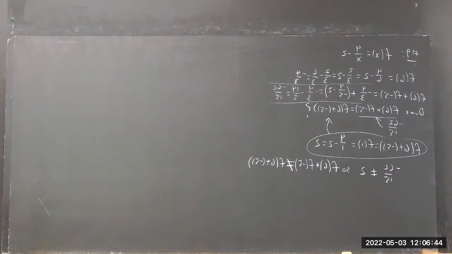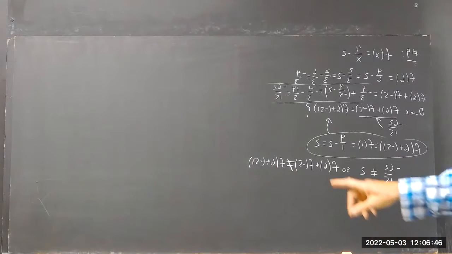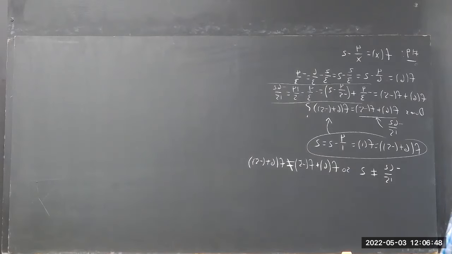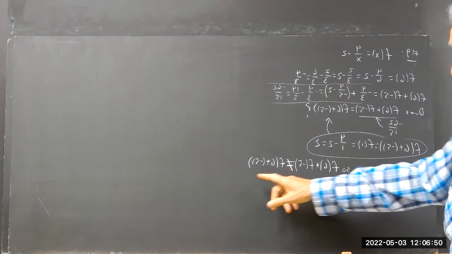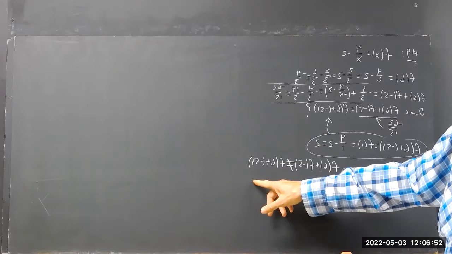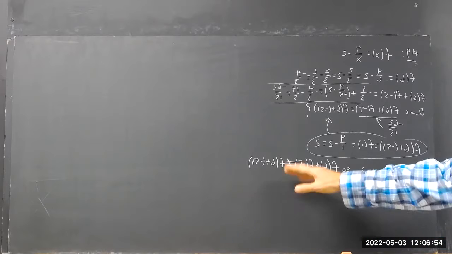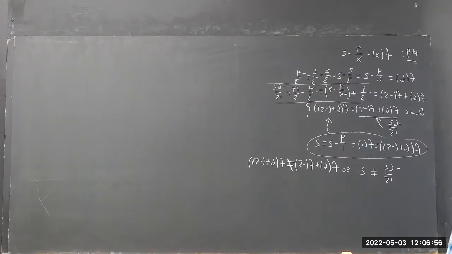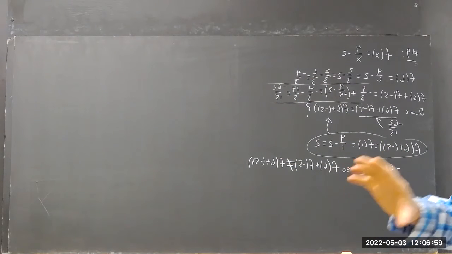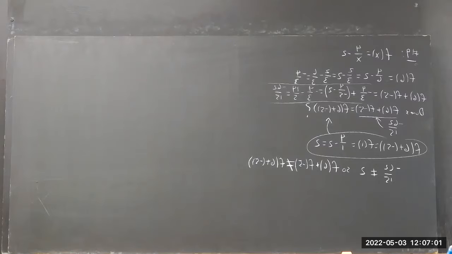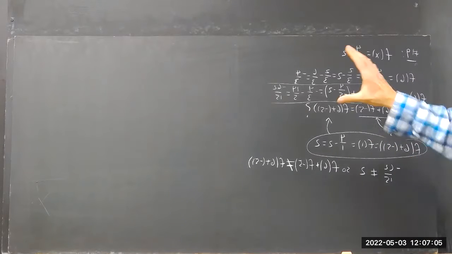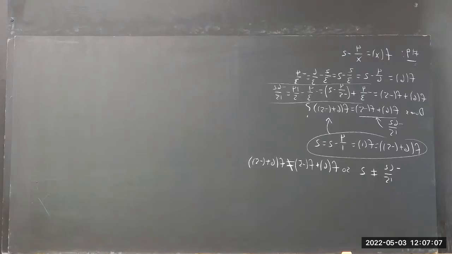This illustrates something that I emphasized in class. Function notation doesn't distribute over addition. This is not multiplication, okay? Multiplication distributes over addition. Don't distribute function notation over addition. That's the lesson of this problem. Of course, the problem is also an exercise in evaluating functions, and we had to do some fractions too.